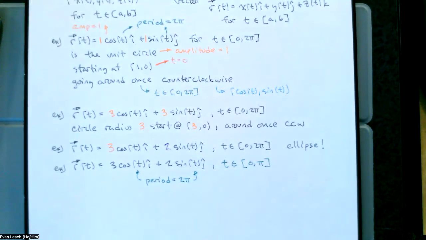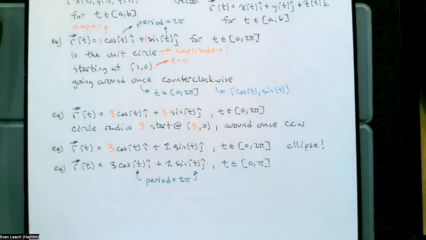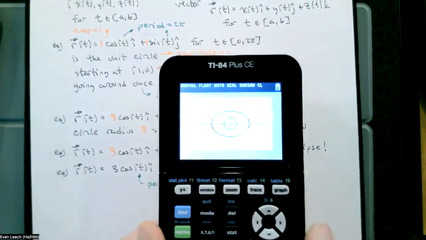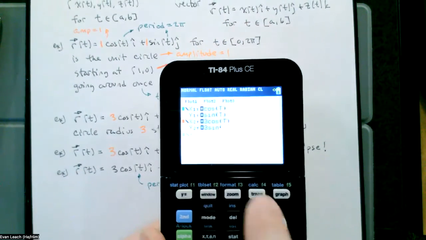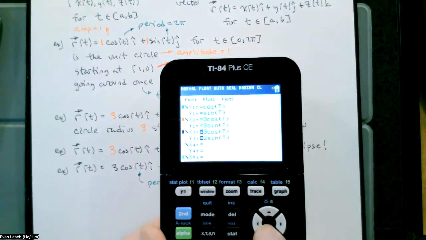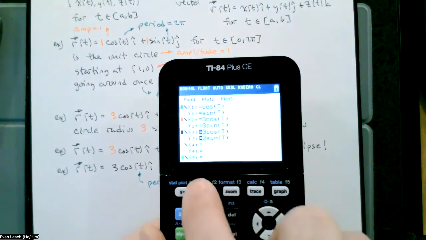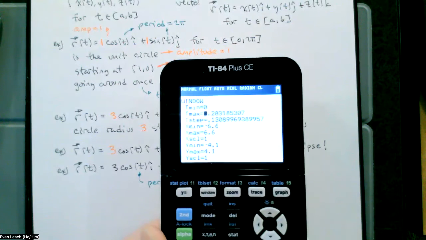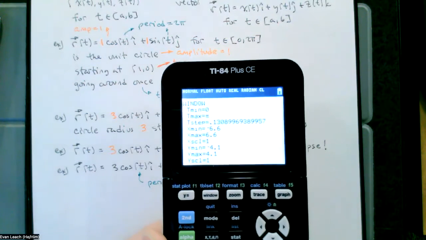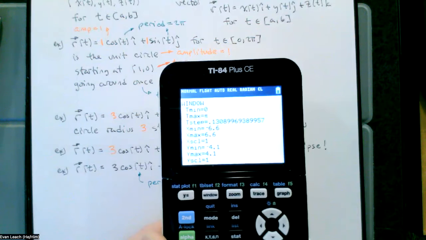Take a moment and think about what's going to happen if I only plug in values from 0 to pi as I go into my machine and make some adjustments. First, I'm going to turn off these. So now my minimum t is 0 and my maximum t is pi.